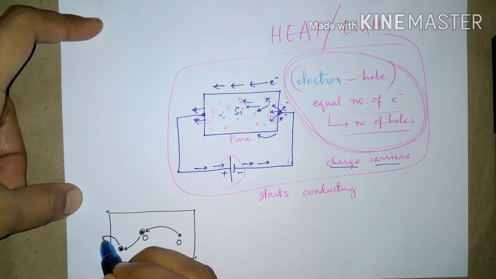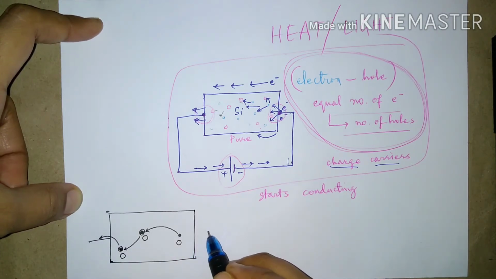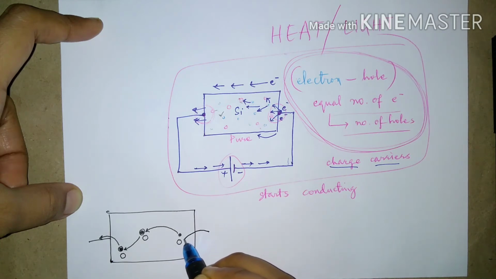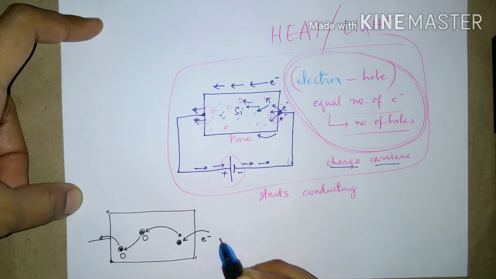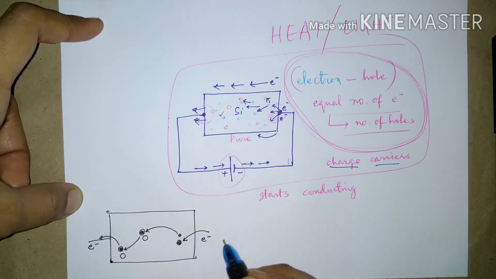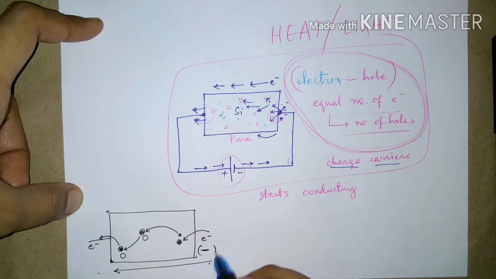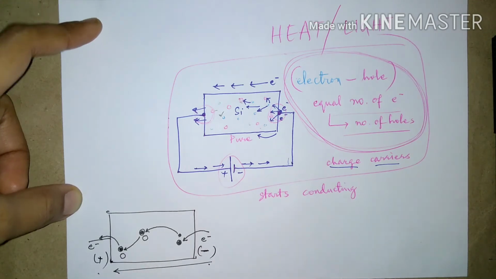This electron may move into the conductor, creating a hole, and again an electron may enter and fill it. So electrons are coming from here and going here. On the whole, electron is moving from right to left, that means from negative terminal to positive terminal.